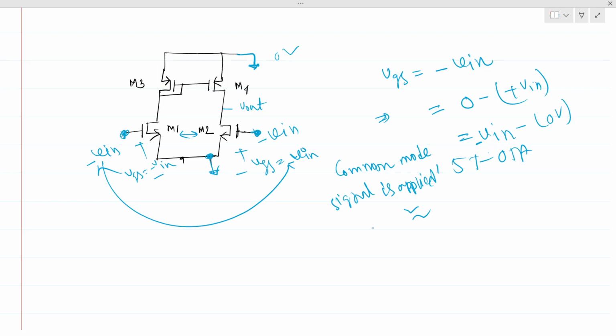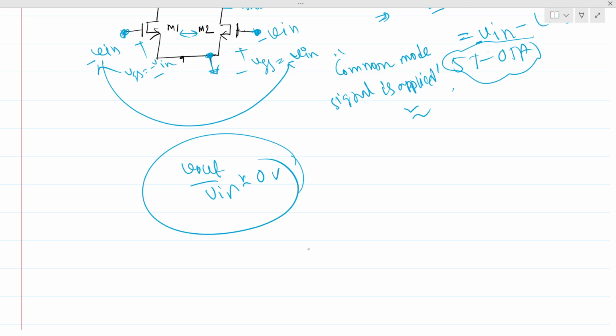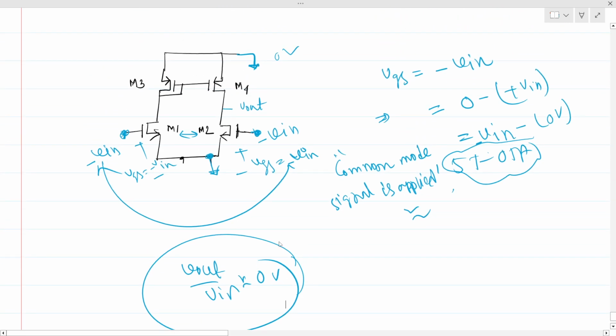So we know the 5 transistor OTA has almost 0 gain for a common mode input, right? So eventually the gain V out over V in is almost 0. Okay, so this is another look at this picture, so that we can comment on the gain.